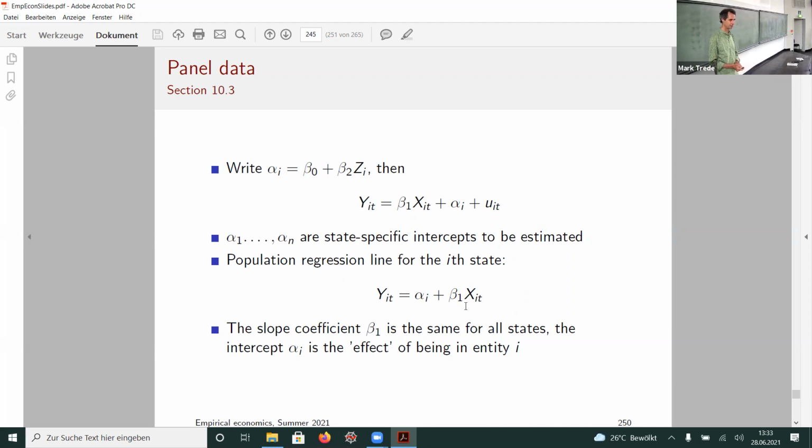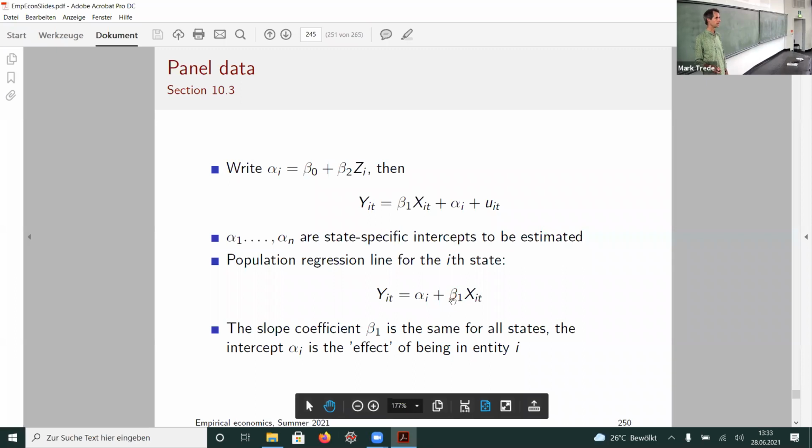But quite often it's reasonable to actually assume that the slope coefficient is identical in all entities. Okay, and everything that is really attached to the state has been merged into this state effect, into this fixed effect here.